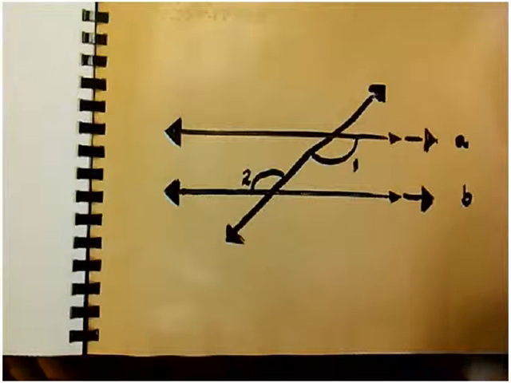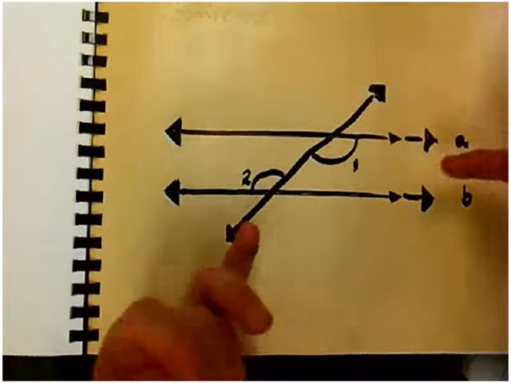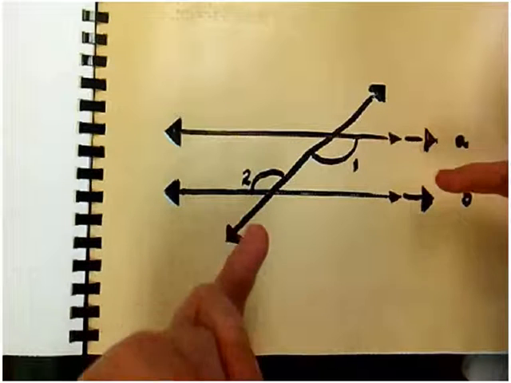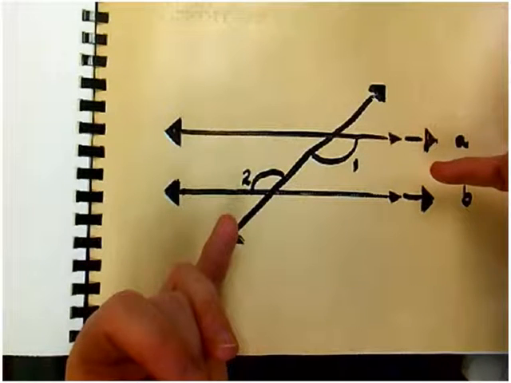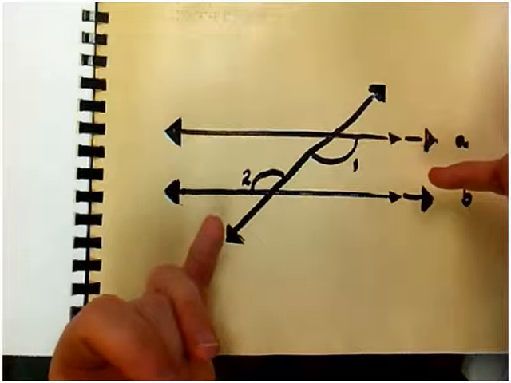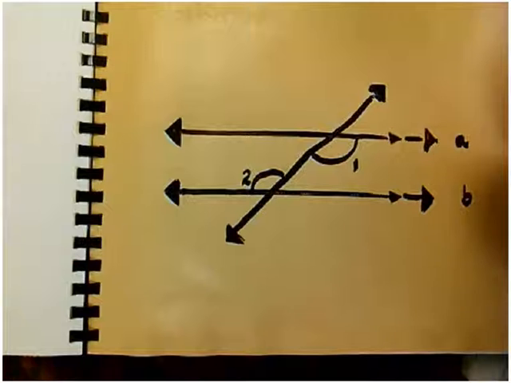You learned if you have two parallel lines with a transversal, it creates alternate interior angles that are congruent. Now it's telling you, if we show you a drawing, or we tell you even in a story problem that the alternate interior angles are congruent, or the alternate interior angles equal 80, then you know that the lines that were drawn to create those angles are parallel. Okay, it's the converse.